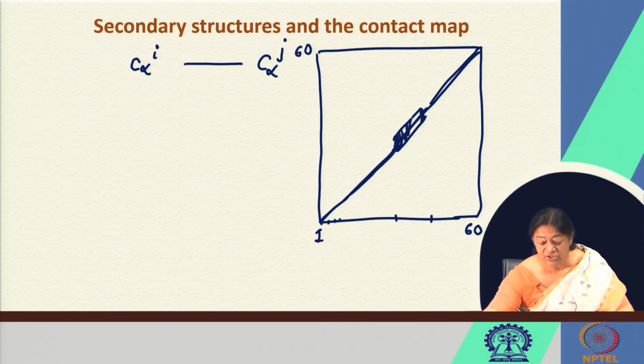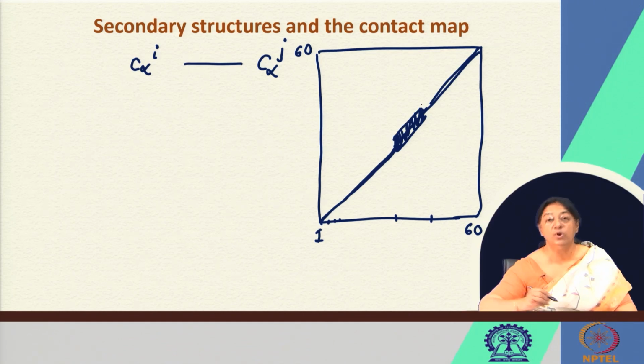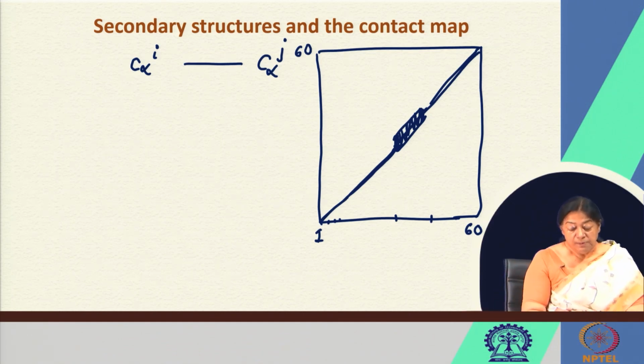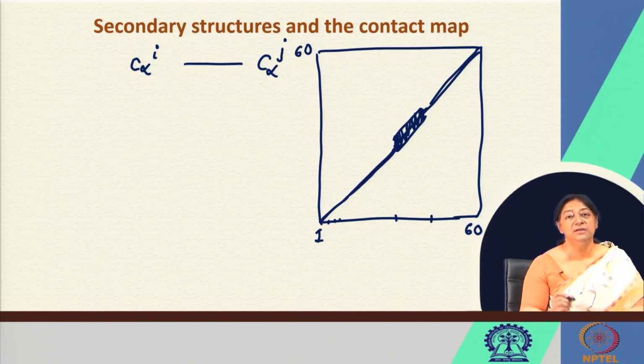So, a thick region along the diagonal would imply that there is an alpha helix, because the residues are close together in 3-dimensional space and a specific hydrogen bonding pattern is bringing them close to each other.